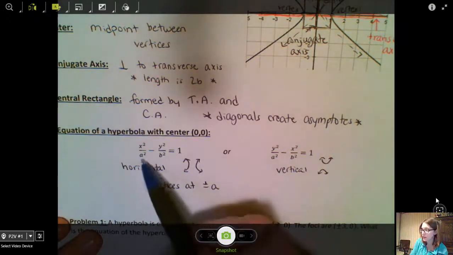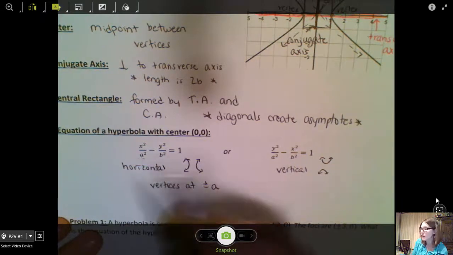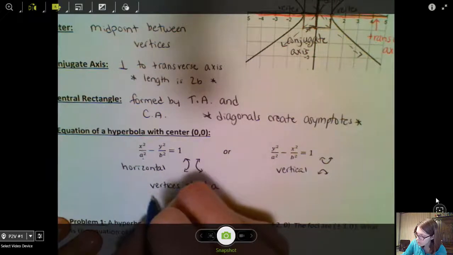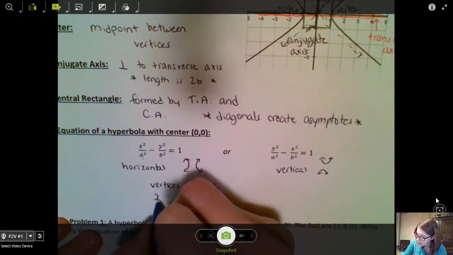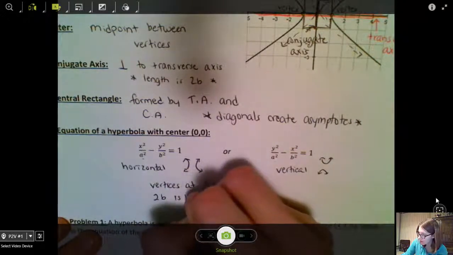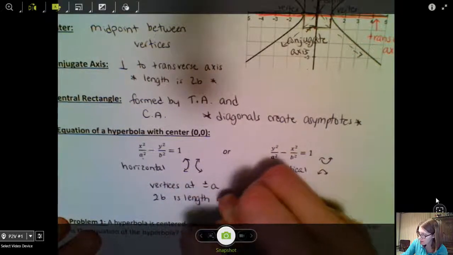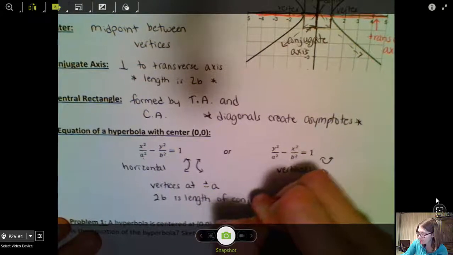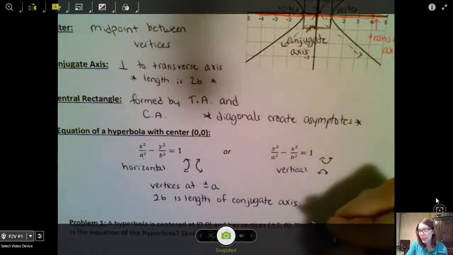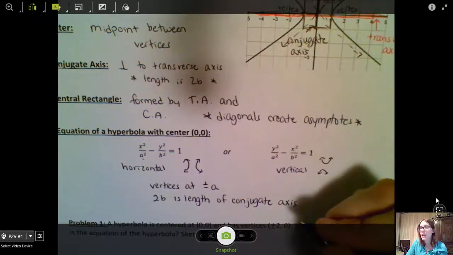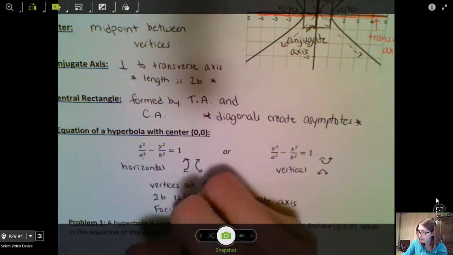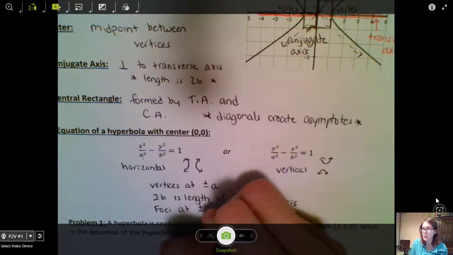Whatever number comes first underneath is where our vertices are. So we have vertices at plus or minus a. 2b tells us the length of the conjugate axis. B itself doesn't really tell us a whole lot, but 2b is our length of the conjugate axis, and that tells us quite a bit more. And we also have foci at plus or minus c.